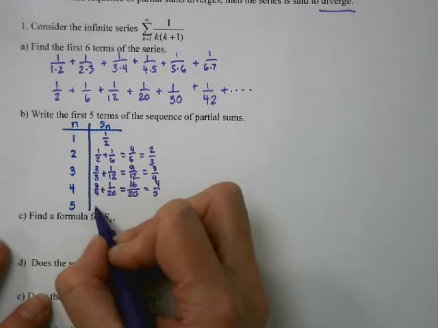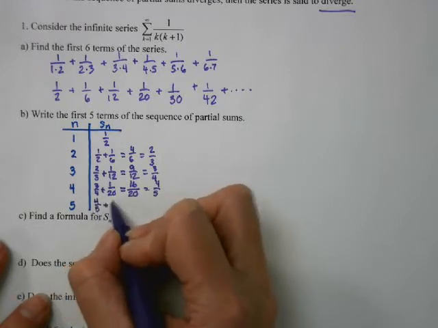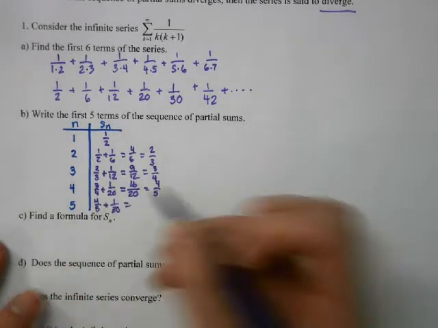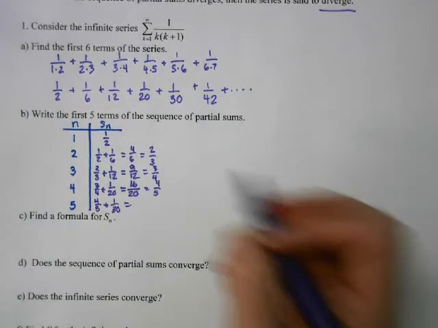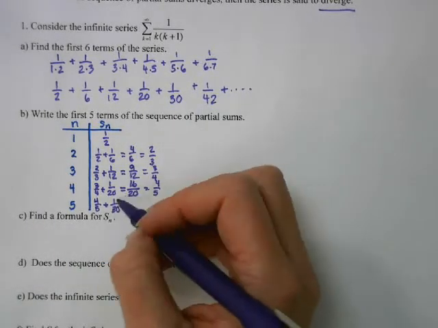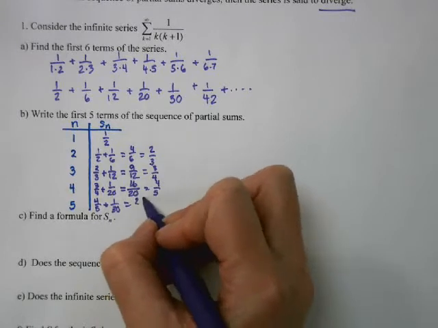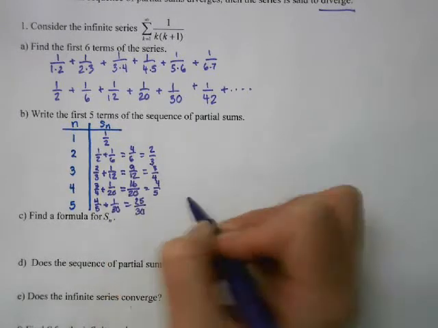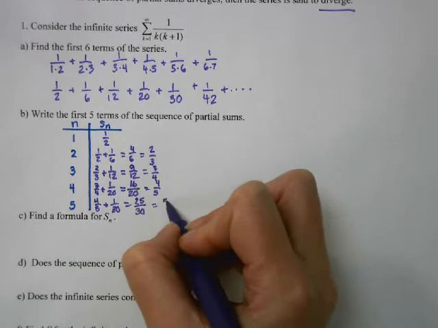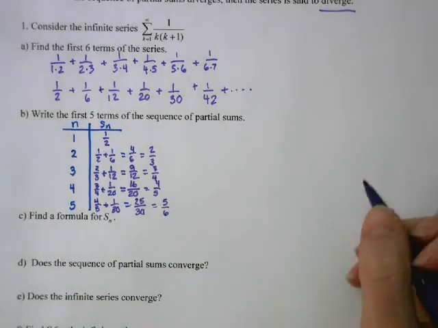Last one here, we're going to add the 4 over 5 plus 1 over 30. So we're going to have 24/30 plus 1/30 is 25/30, which reduces to 5 over 6.